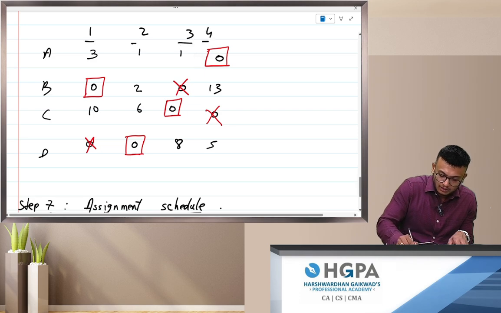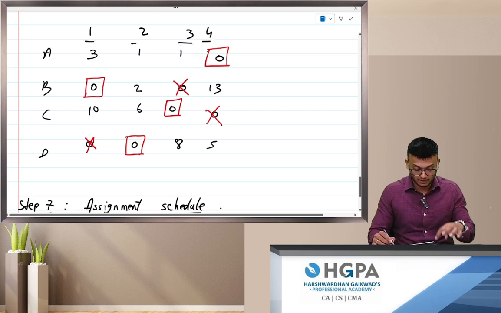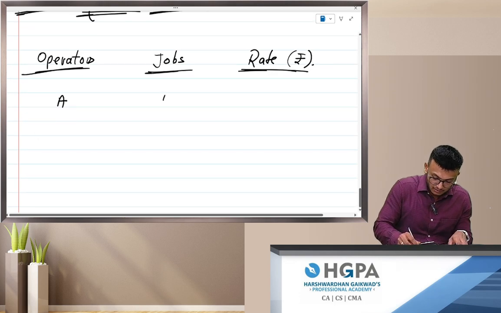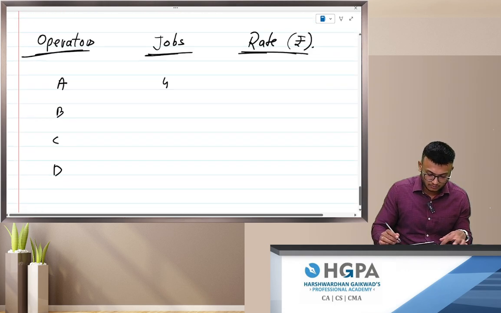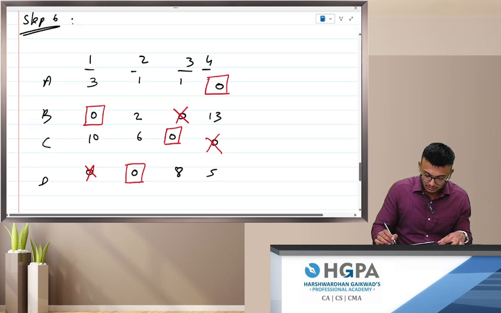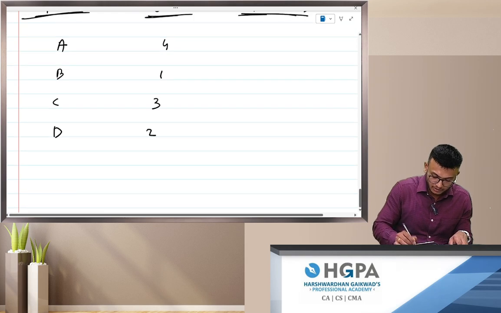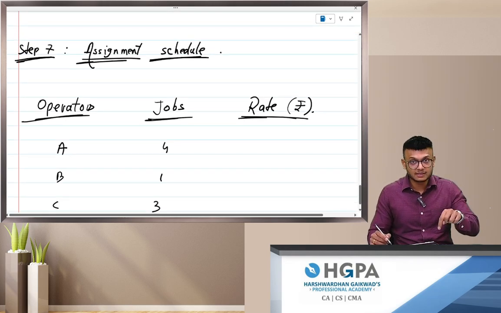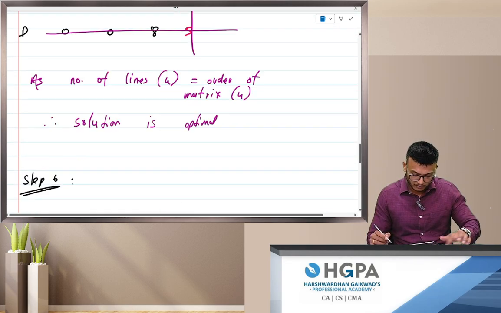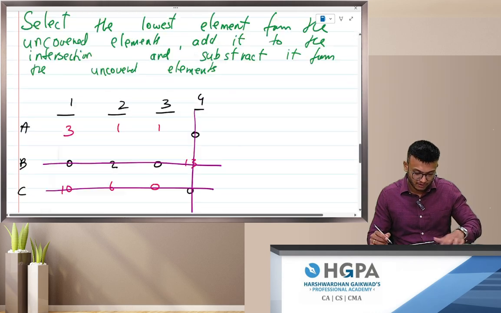Now you tell me, operator A has got which job? The fourth one. So operator A has got the 4. B, C, and D. B has got what? 1. C has got 3. D has got 2. Okay. For the rate, you need to go and see the original matrix, not this one. So go there and what do you write? A4, B1.